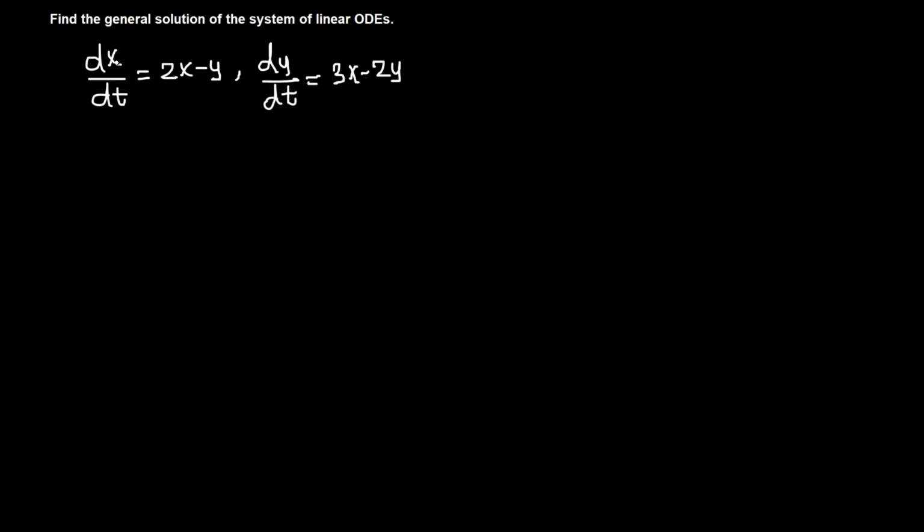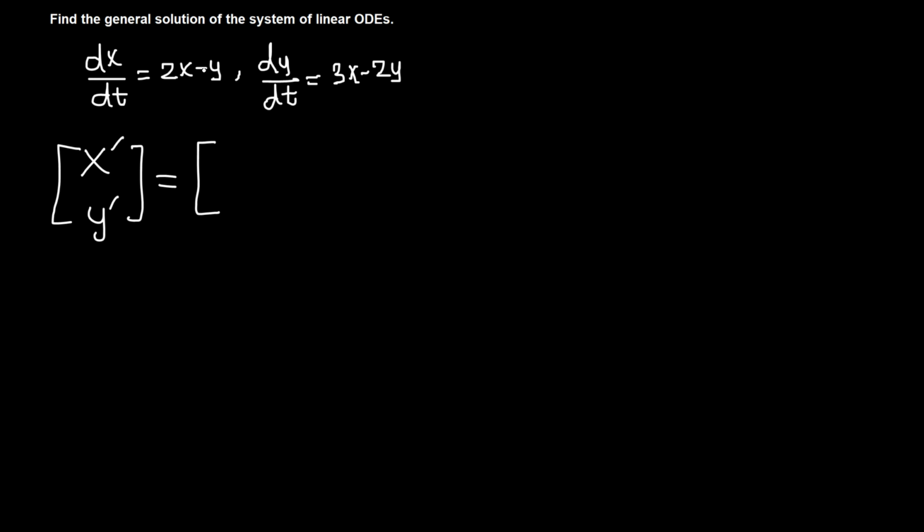So let's write dx over dt as x prime. So here goes x prime. This is y prime. So prime means derivative with respect to t, equals the matrix of the coefficients.